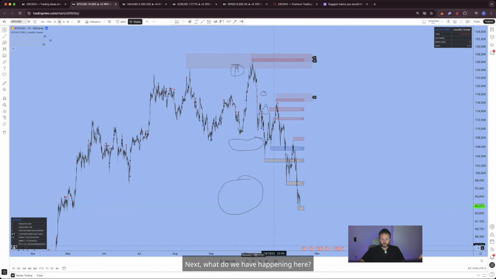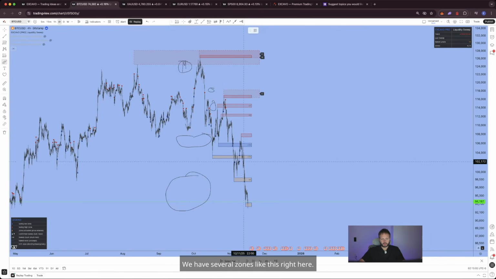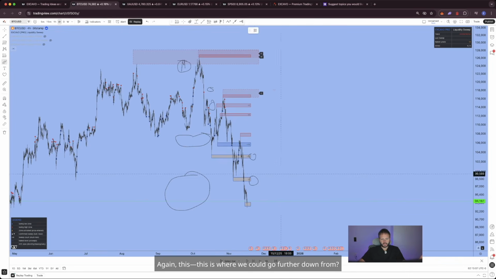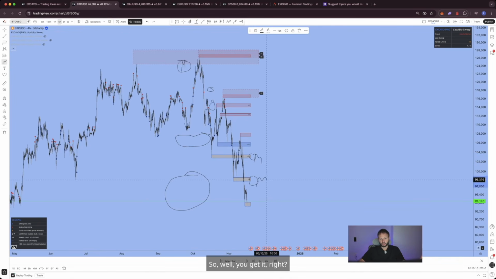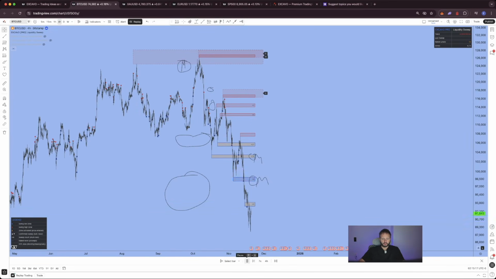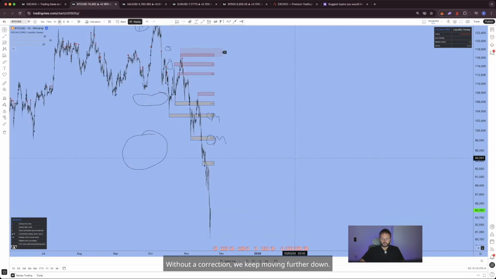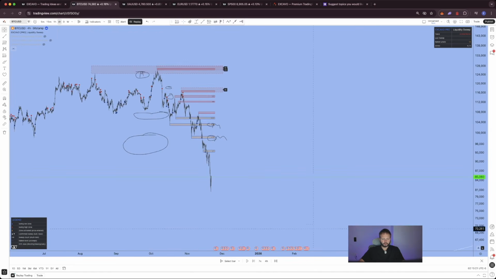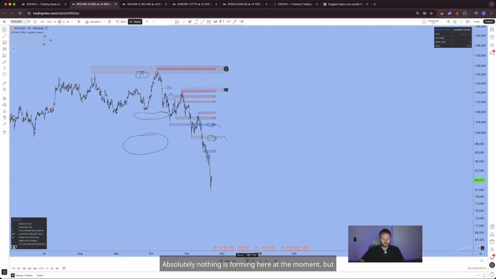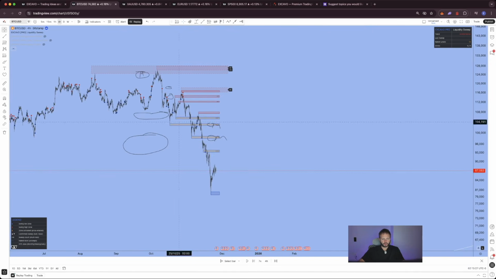Next, what do we have happening here? We have several zones like this right here. Again, this is where we could go further down from. So, well, you get it, right? Let's keep watching. Observe. Without a correction, we keep moving further down. Absolutely nothing is forming here at the moment, but we do have this other interesting zone over here.